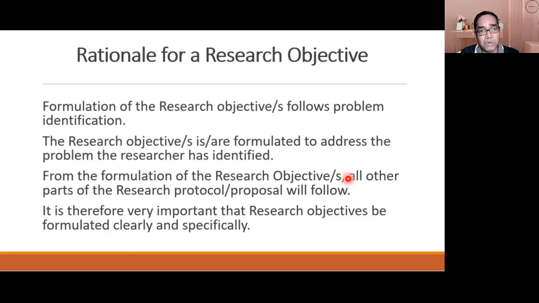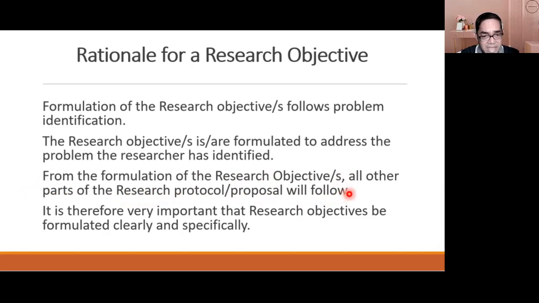Later on, when you go to the second year, and then we talk of writing the introduction, and then when you actually make your proposal, you will be trying to look into the research problem and the research objectives that we will explain to you. From the formulation of the research objectives, all other parts of the protocol or the proposal will follow.